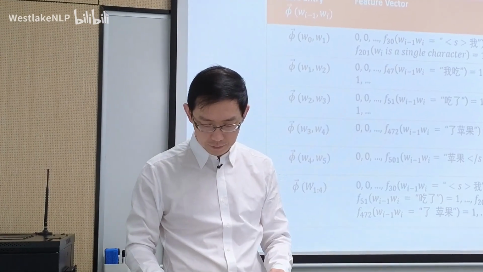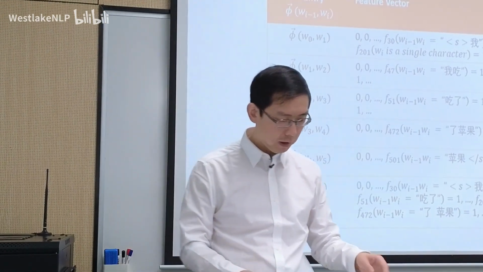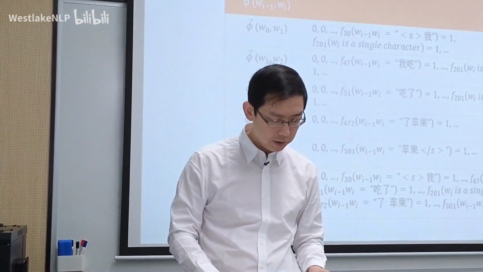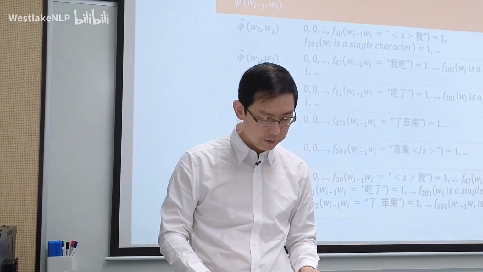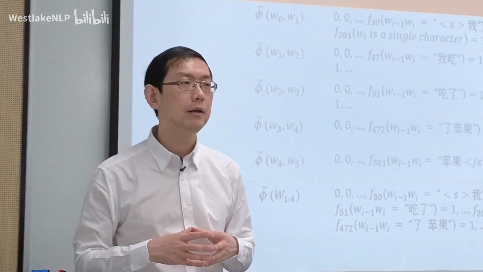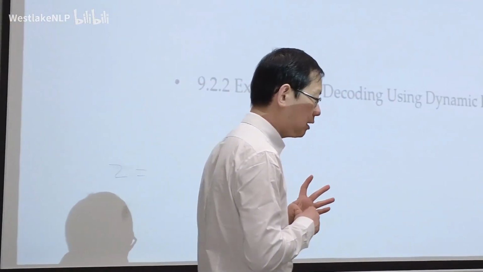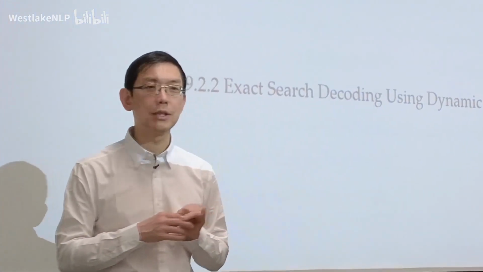Now, after defining these feature instances, let us look at 3 models, right? We have learned 3 discriminative models. One is log linear model. One is SVM. One is Perceptron, right?